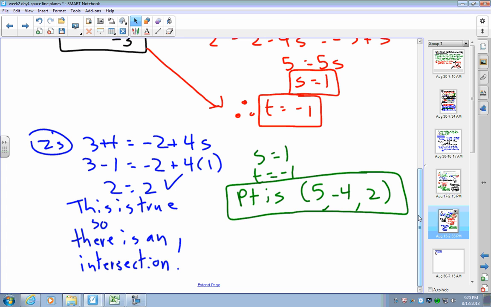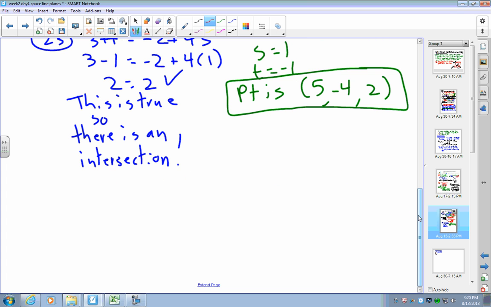Okay? So that means I had a line and another line, and they hit right there at the point 5, negative 4, 2.